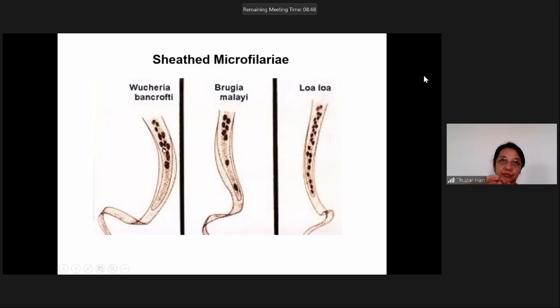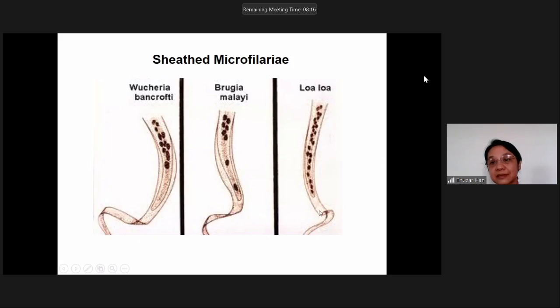If you identify the tail end of the microfilaria, maybe under the oil immersion lens, you will see somatic nuclei, very big. Then you have to look at the tail ends. If the tail end has no nuclei, this is Wuchereria. If you see 2 nuclei, that is Brugia.